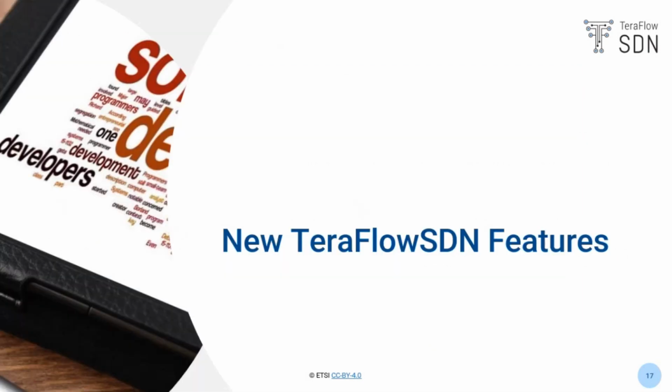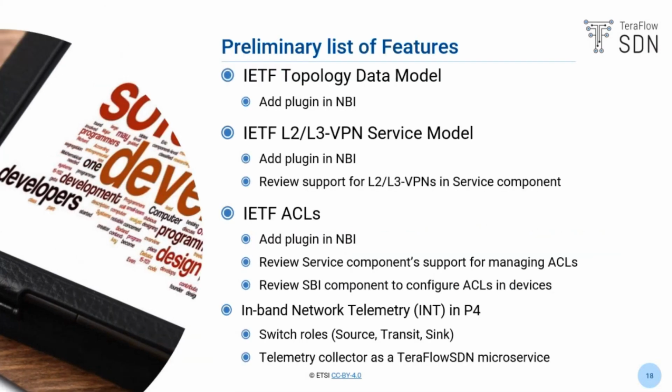Now jumping to the new features for TeraFlowSDN. Essentially, this is more or less what I was mentioning. We will have to extend the NBI component in TeraFlow for sure with the different data models that I mentioned beforehand. That will also imply managing some extensions and reviewing the actual support that the service component offers for these different types of services.